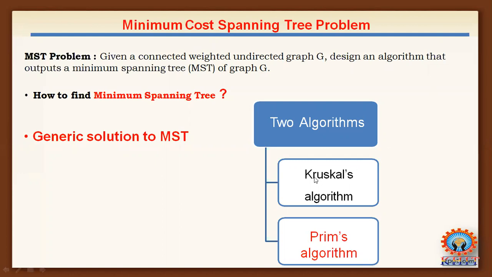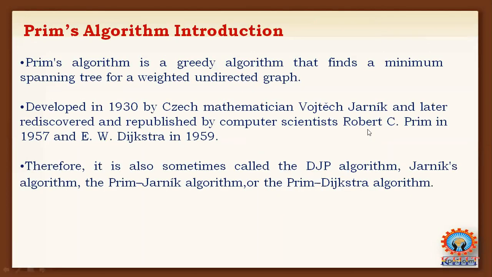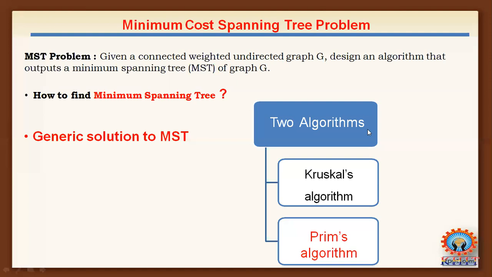We can focus on two algorithms, one is Kruskal's algorithm and another is Prim's algorithm. By using Prim's and Kruskal's algorithm, we can clearly identify the minimum cost spanning tree of the given problem, and we will discuss Prim's and Kruskal's algorithm in the next class.